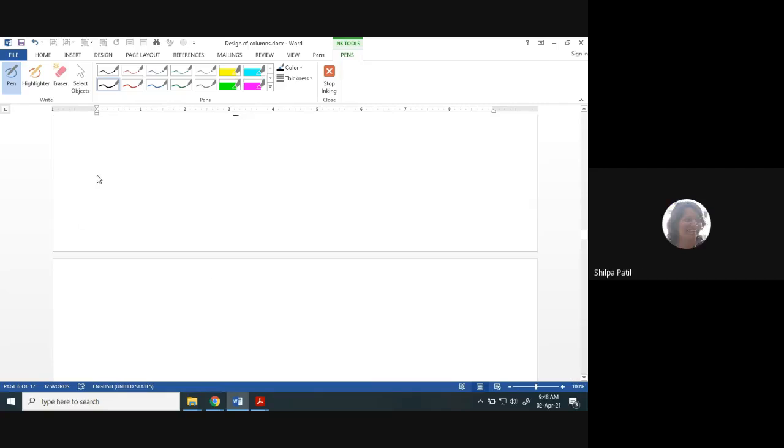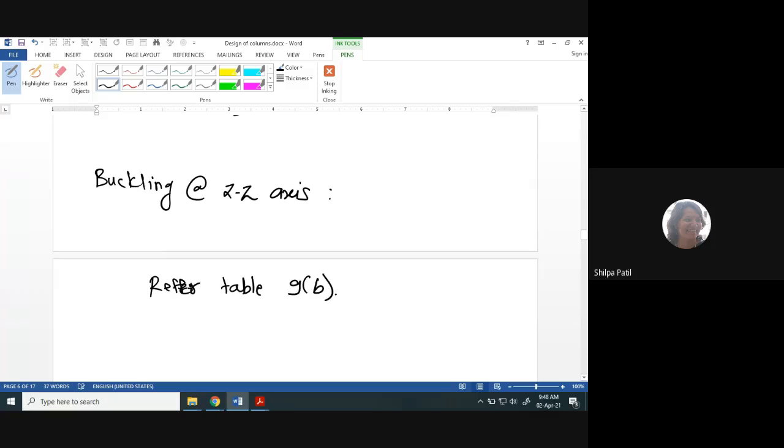So when we consider buckling about ZZ axis, the buckling class is class B, so we have to refer table 9B to find out FCD, and the lambda ZZ value.